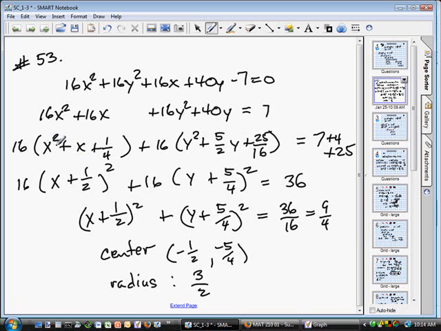Because when I added 1/4 here, Kyle, in the big picture, it's in parentheses, so that's 1/4 times 16, which really is 4. Right. And over here, what's 25/16 times 16? It's 25. That's the reason I added those. Anybody else a follow-up to this?